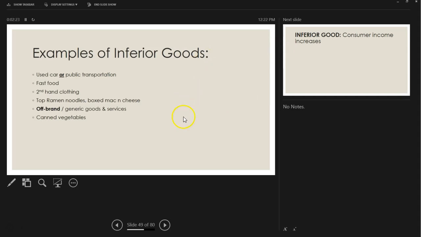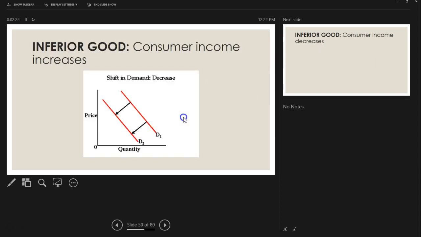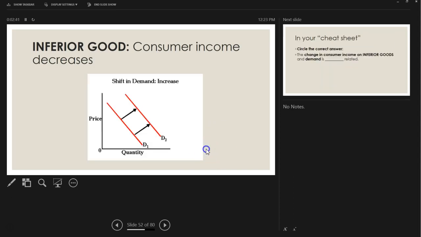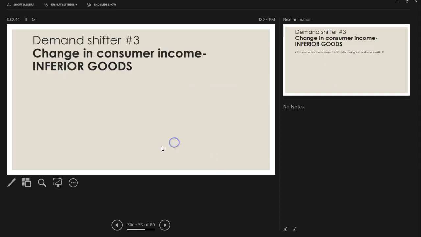Hopefully you have those in your example box. Okay, so as we said, if your income goes up, what happens to demand for inferior goods? Goes down. When your income decreases, what happens to your demand for inferior goods? It increases. We've already filled that out.